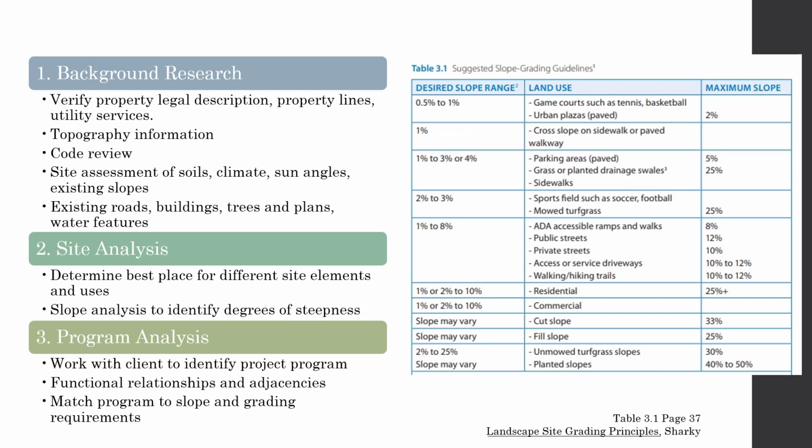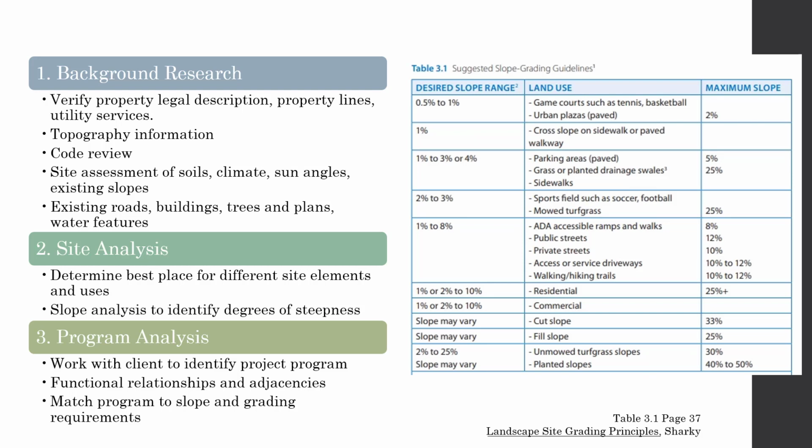Take a look at table 3.1 in your textbook, and you can see this is really useful. Which types of activities, for example, tennis or a sports field or a street or a building, which types of activities go with a specific desired slope?